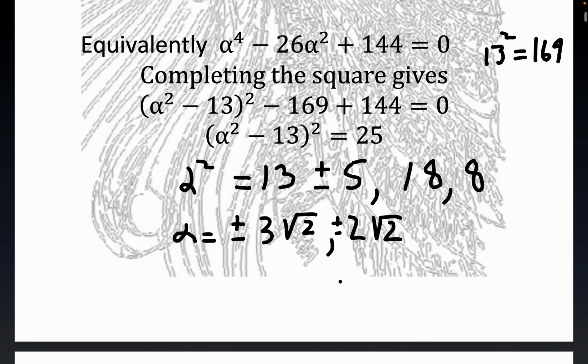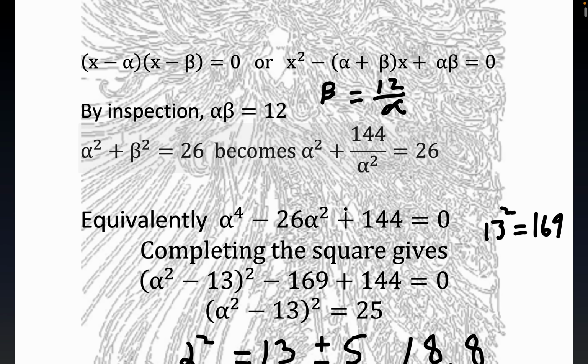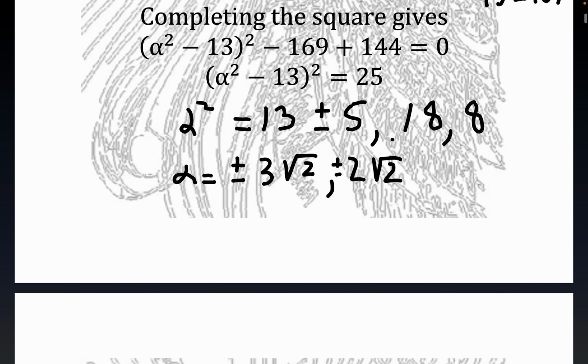Now notice the very same thing can happen with beta. We could have just as well made the substitution alpha equals 12 over beta. It's symmetrical in that sense. And so we can also write down that beta could take on these very same values. Beta could equal plus or minus 3 root 2, and then plus or minus 2 root 2.